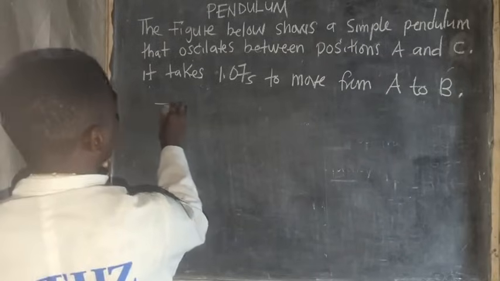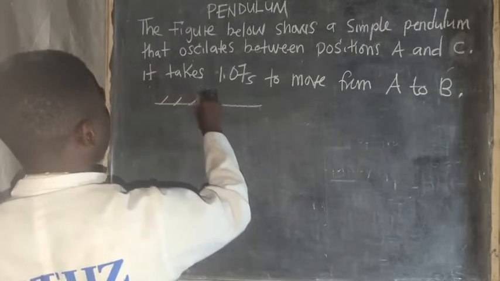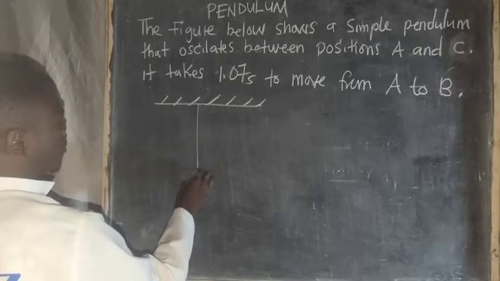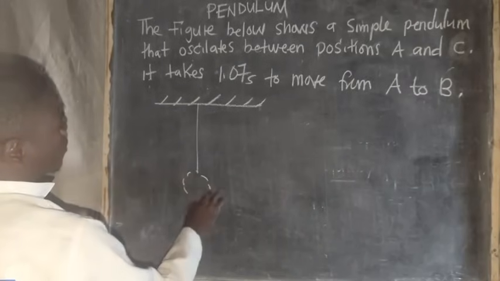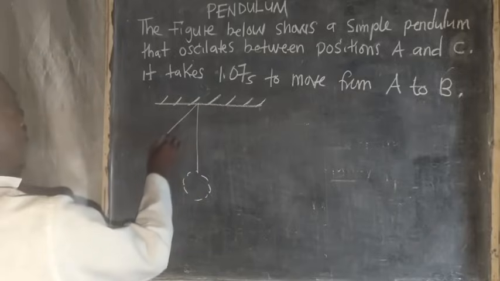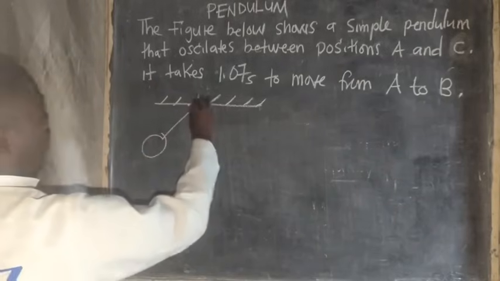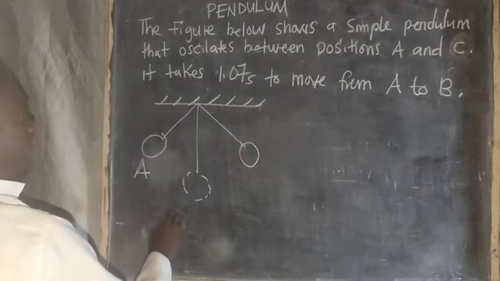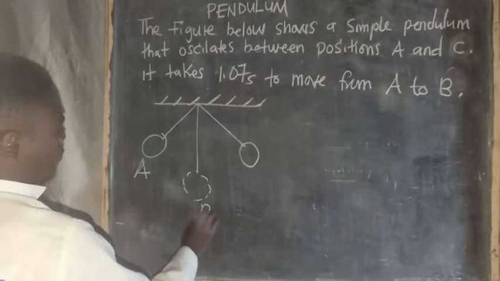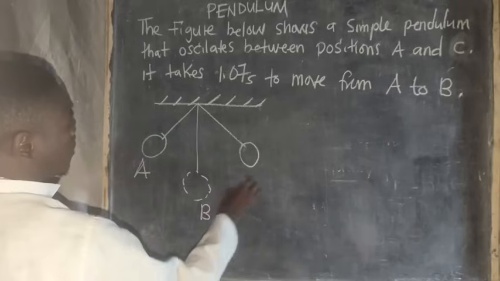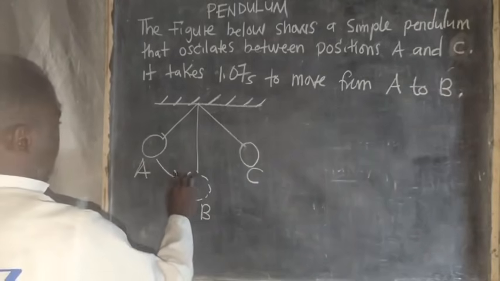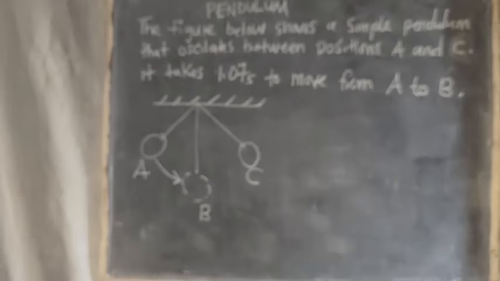So, and here is my pendulum. Something like this. This is what you are given. This is A, B, this is C. So this is how it is moving, just like that.